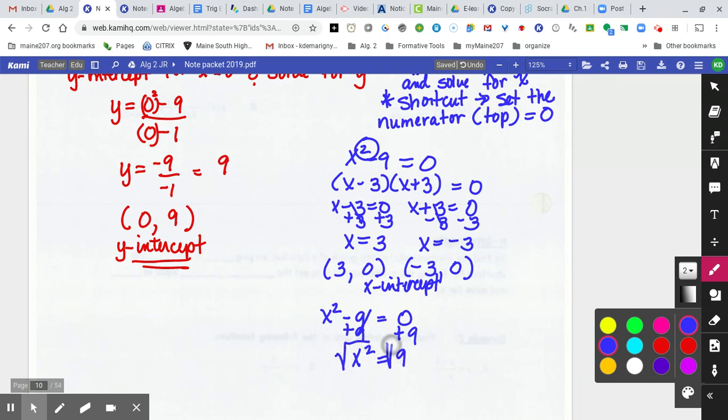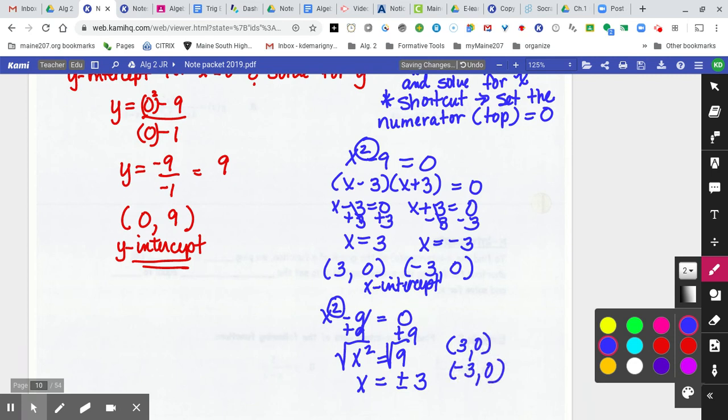If you take the square root of both sides, then x is equal to plus or minus 3. Remember that because you're taking the square root of a variable, you have to use the plus or minus. So your two intercepts would be 3, 0 and negative 3, 0.